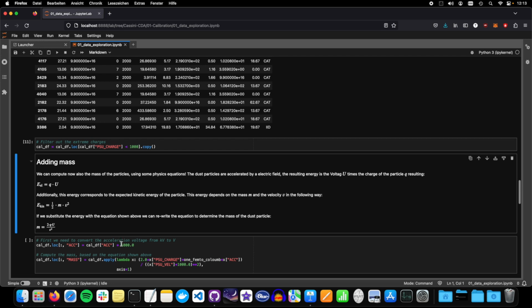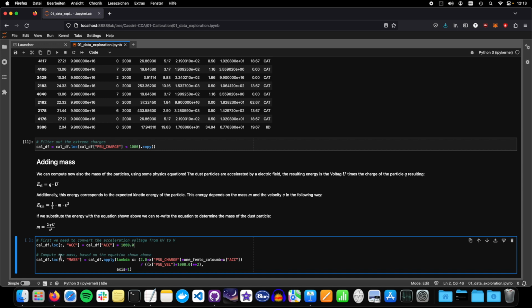First, we need to convert, of course, the kilovoltage into voltage. So we have to multiply it by 1,000, and then we can compute the mass. We use a lambda function here in this data frame: 2 times the charge. The charge is given in femtocoulomb, so again rescaling it.